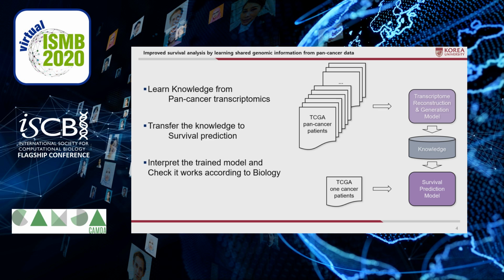Then, I transferred the knowledge, the shared information of pan-cancer learned from the pan-cancer gene expression data, to the survival prediction model for each cancer type. Finally, I tried to interpret the survival prediction model to check whether it really predicts survival based on biology, not just statistics.